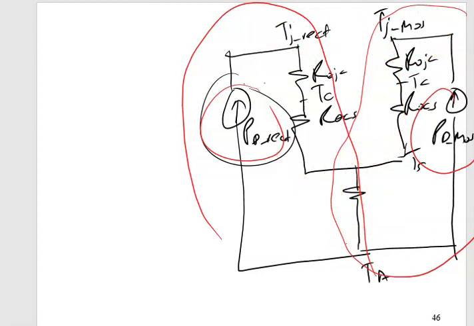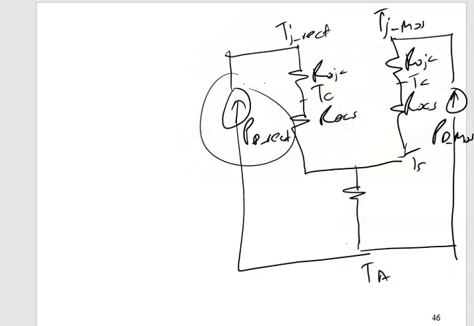R-thermal SA, heatsink into ambient, and heatsink TS here, TC is here, C is here, TS, TA.